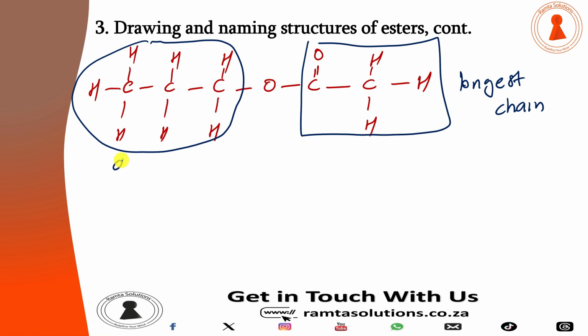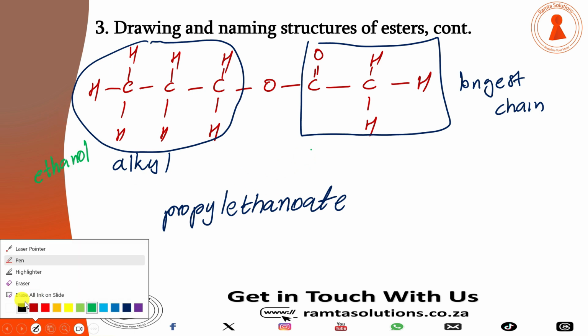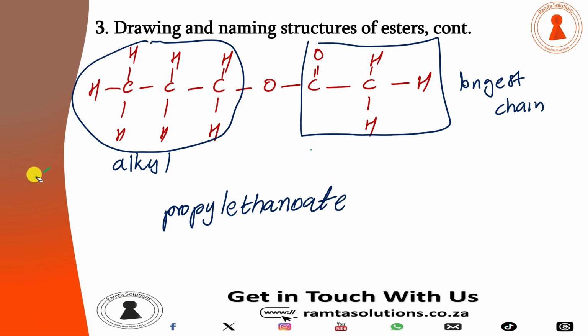So this alkyl has 3 carbons, therefore we call it propyl. What is the longest chain? The longest chain has 2 carbons. 2 is eth. So this is propyl ethanoate. It's made from propanol, not ethanol, propanol, because it's 3 carbons.